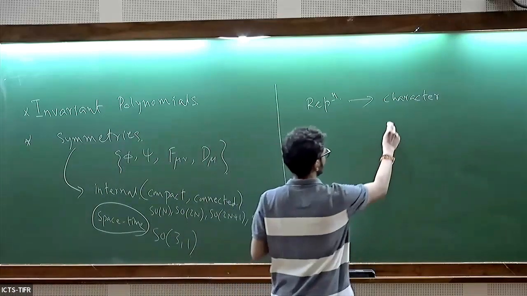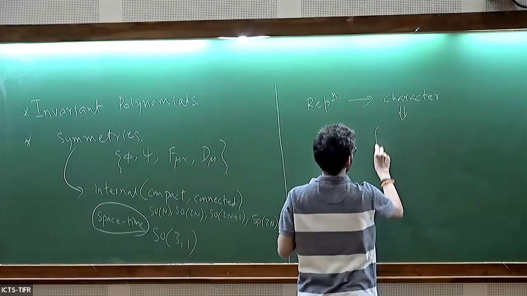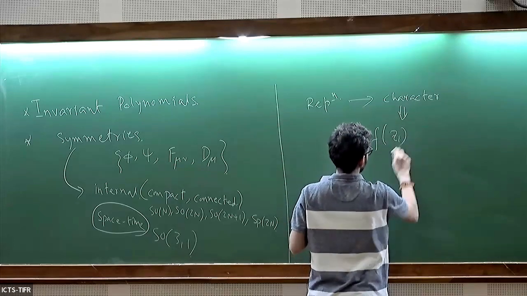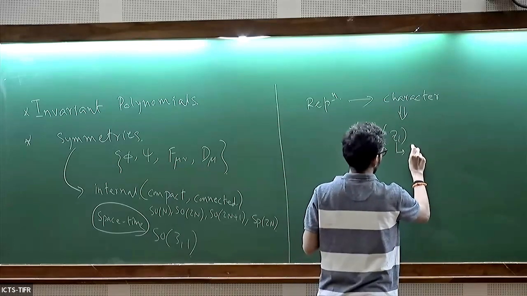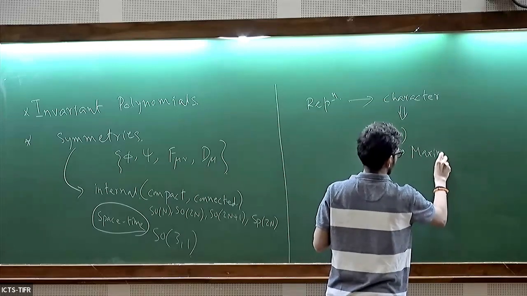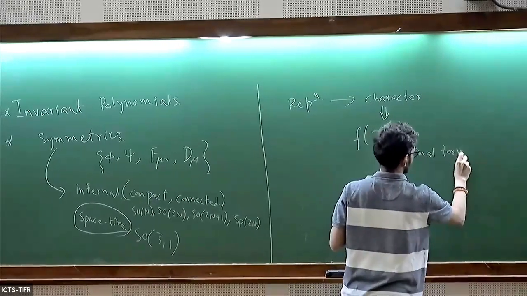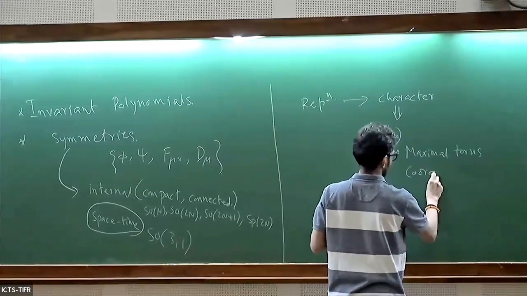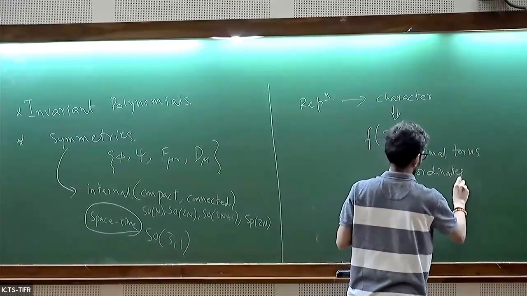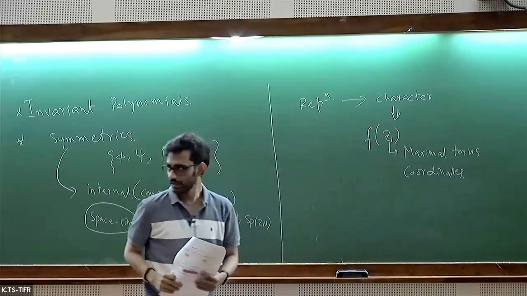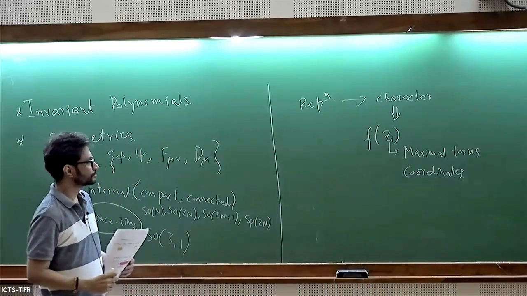And what are these characters? They are basically functions of the torus coordinates, so these are my maximal torus coordinates.